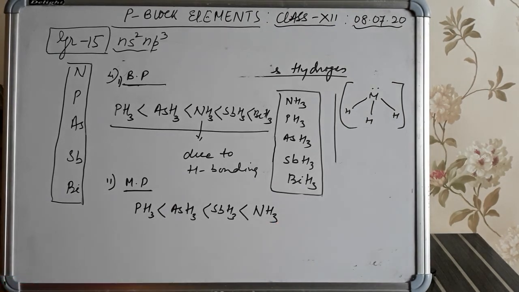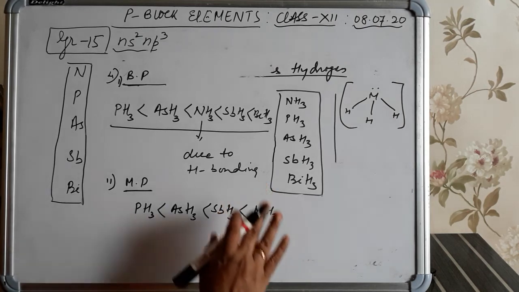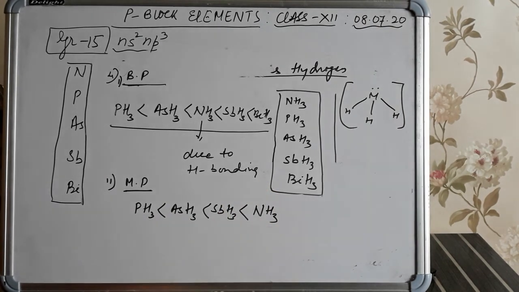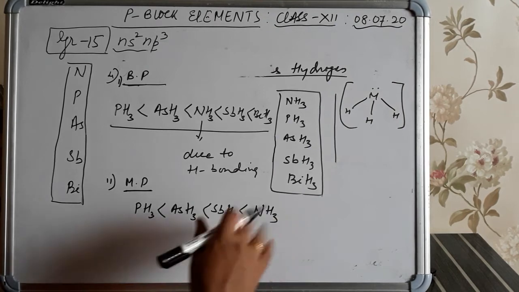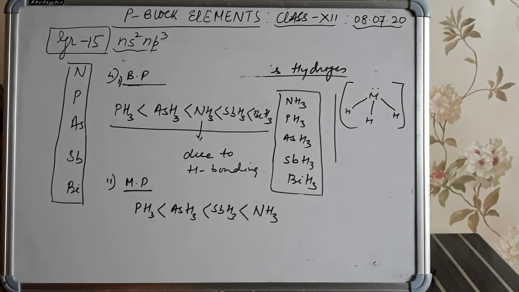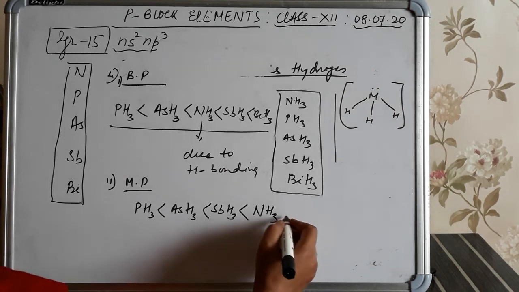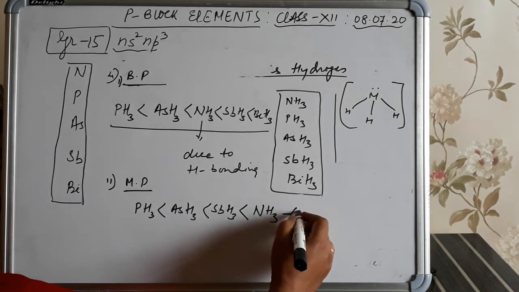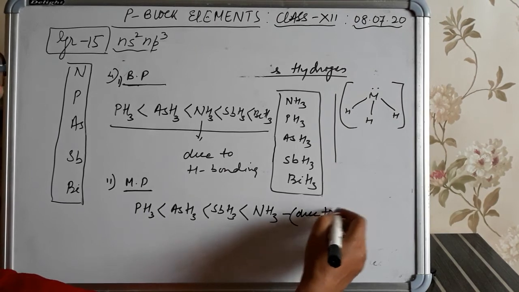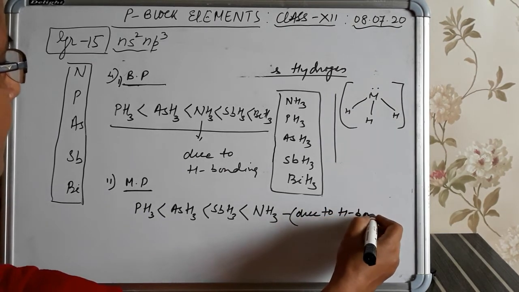Down the group, molecular size increases, van der Waals force of attraction increases, and melting point increases. But nitrogen hydride has the highest melting point in the group because of the presence of hydrogen bond.